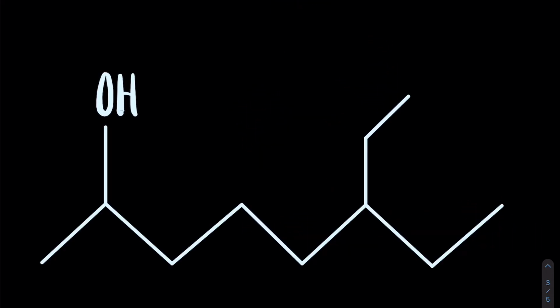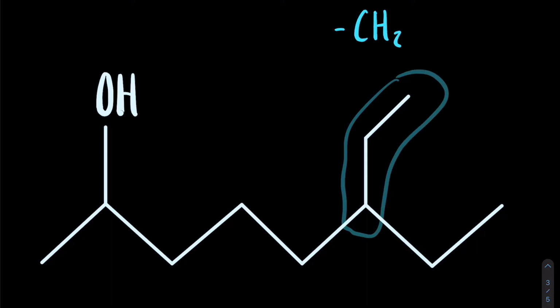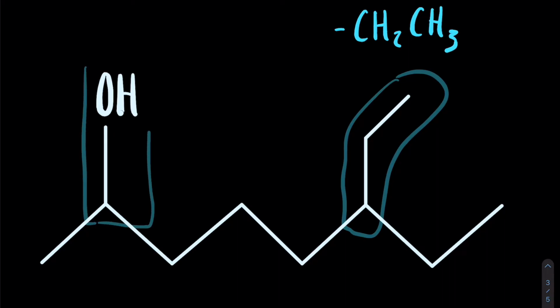This one we got two different substituents on it. Two different ones in the last one. We have an ethyl group, which is CH2, CH3, and then here we have an alcohol. In naming this alkane, the alcohol gets an ol ending, OL.